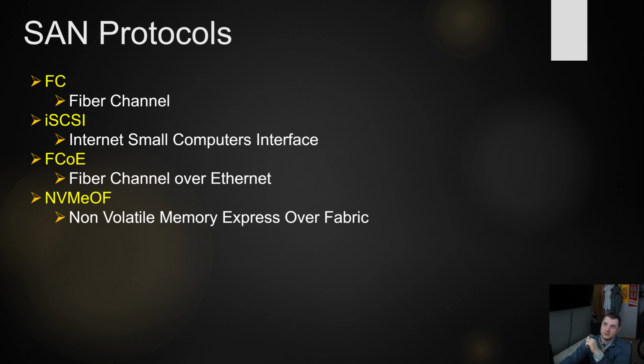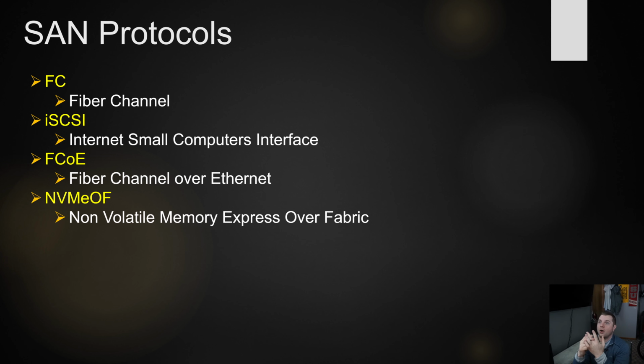SAN protocols: Fiber Channel, FC, self-explanatory. iSCSI is quickly becoming legacy. You're going to run into it occasionally because it had performance for a long time. It doesn't have the storage you would expect in today's enterprise environment, but it still exists.